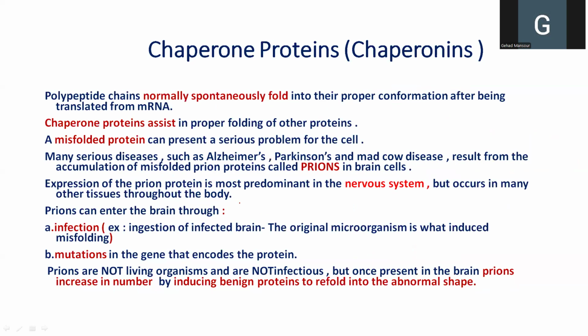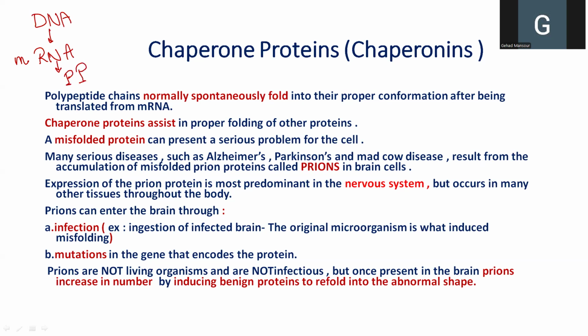Now we move on to a very important concept, which is the chaperone proteins. We all know that, as we said before, DNA undergoes transcription into messenger RNA, and messenger RNA will be translated into a polypeptide chain.